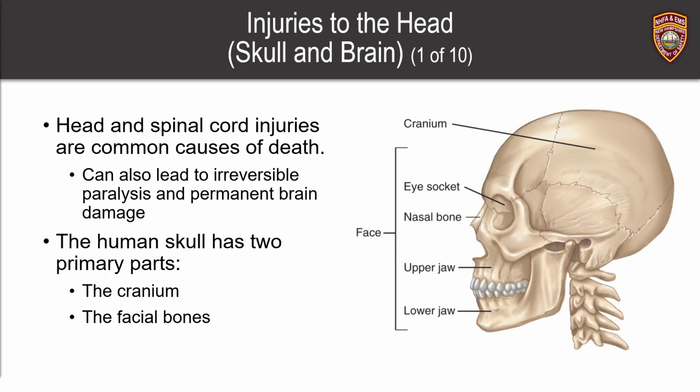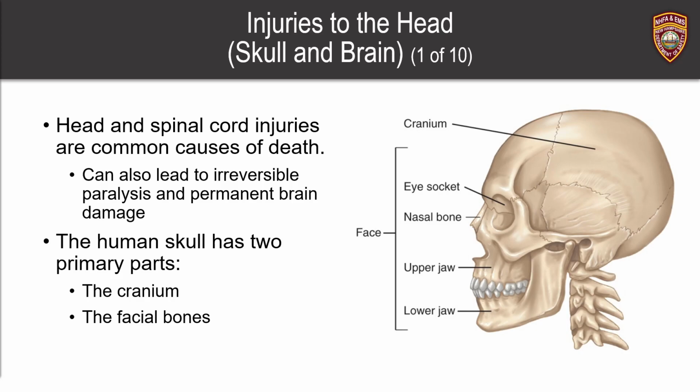All right. So severe head and spinal cord injuries can result from a lot of different kinds of trauma. These types of injuries are a common cause of death, but if not fatal, then the types of injuries that you can get sometimes lead to things like paralysis, brain damage, and things like that.